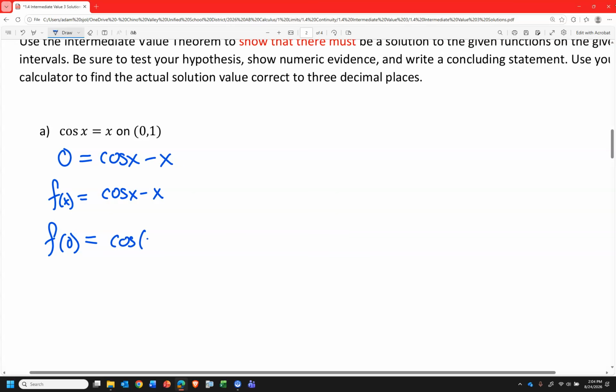That's cosine of 0 minus 0. So f of 0 is 1 minus 0, which is 1. Okay. And then I'll do f of 1 equals cosine of 1 minus 1.